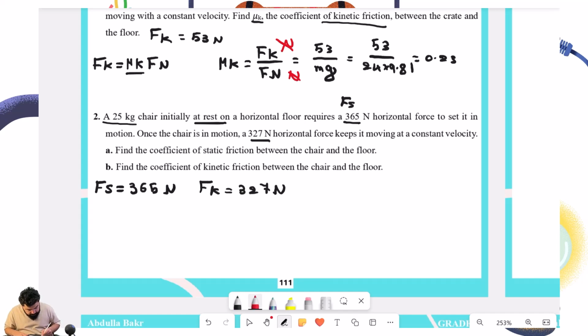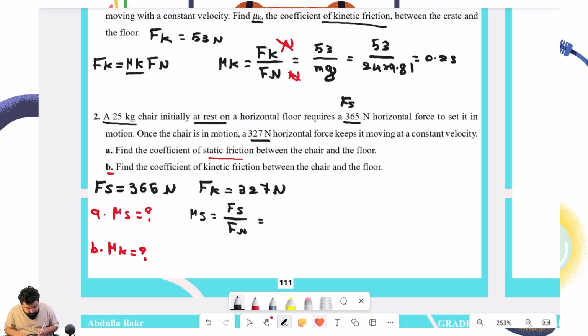So A, find the coefficient of static friction. So mu s is equal to what? B, find the coefficient of kinetic friction. So mu k is equal to what? You know mu s is equal to Fs divided by Fn.